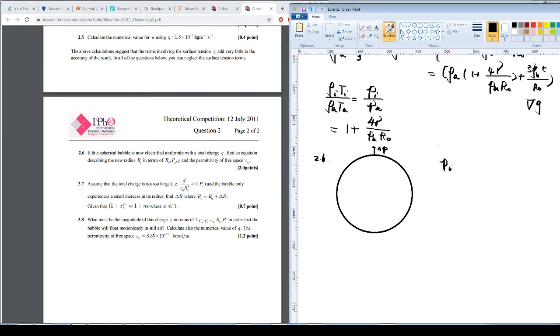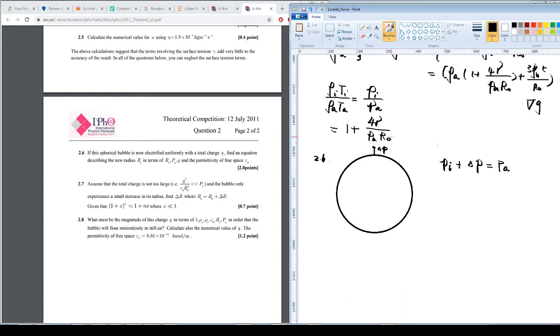So because we can ignore the gamma effect, essentially we are writing down this equation. The gamma effect is still there. The surface tension effect is still there. It's just that we are starting from some kind of equilibrium position.